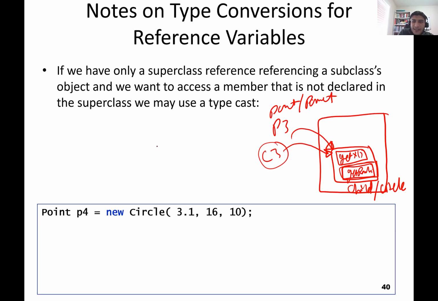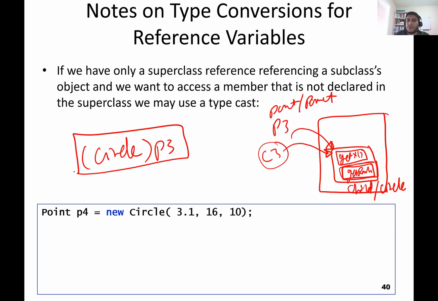Because if I write something like B3 and then cast it to circle, what is the type of this reference right now? Originally, this was point, right? But the overall reference after casting, what do you think? What would be the type of this reference right now? Circle, Yan Hao and Hao Yu, yes, correct, thanks.